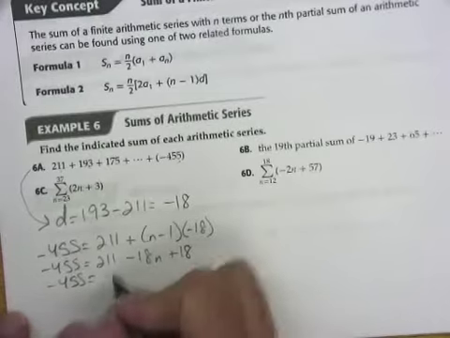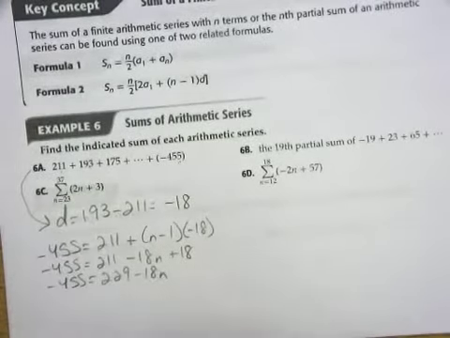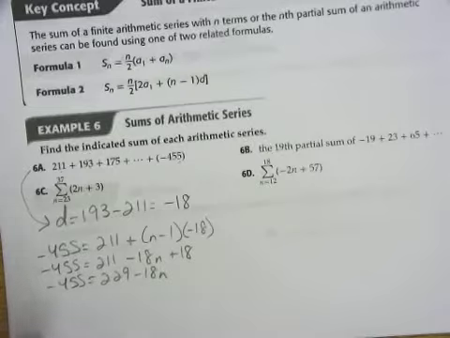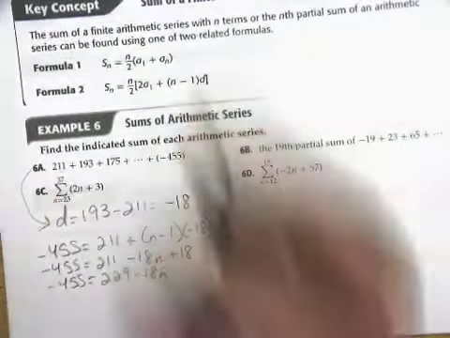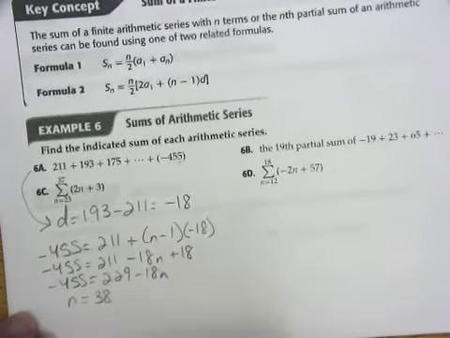Negative 455 equals 229 minus 18n. Solving this equation, I have negative 455 minus 229 divided by negative 18. And I know that there are 38 terms. Boy, this lesson likes 38 terms.